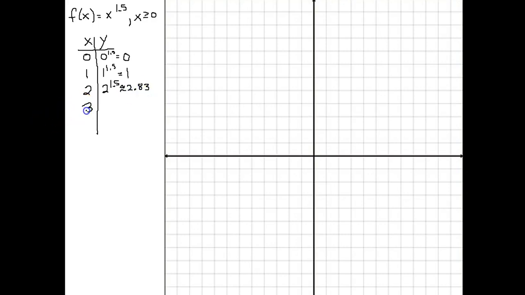If I put in a 3, that's 3 to the 1.5. That's going to be approximately what? Let's see. 5.20 if you round to the hundredths place. Let me go a little further out. Let's put in a 6. Just want to get a good idea of how the curve's going.